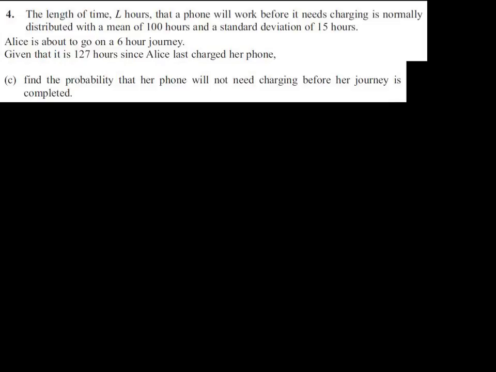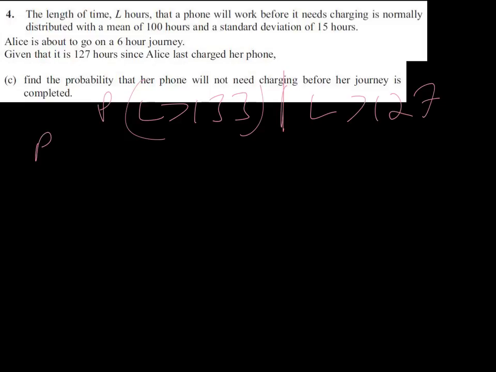So going through the same question then using the tables. We've said that we're trying to find the probability that L is greater than 133 given that L is greater than 127. So again, if we want to use the tables, we are going to have to standardize our values. So this is essentially what we need to work out.